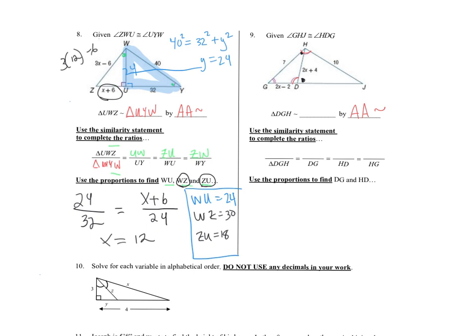And so when it tells us that we have triangle DGH, that is going to be similar to triangle HGJ.